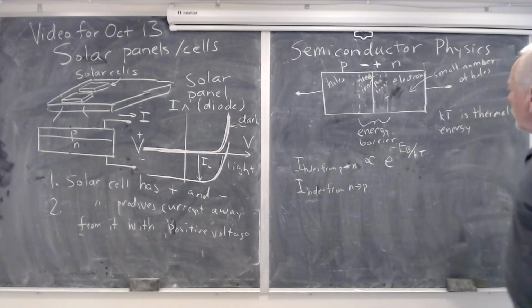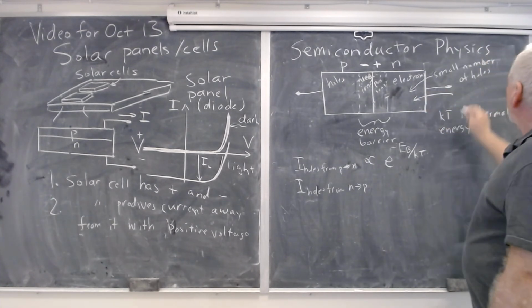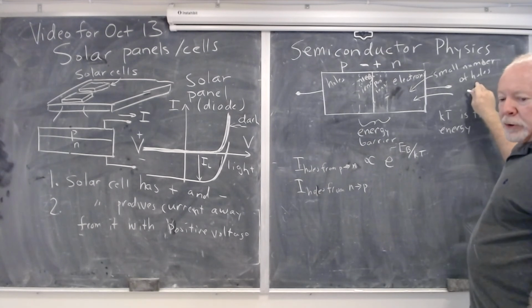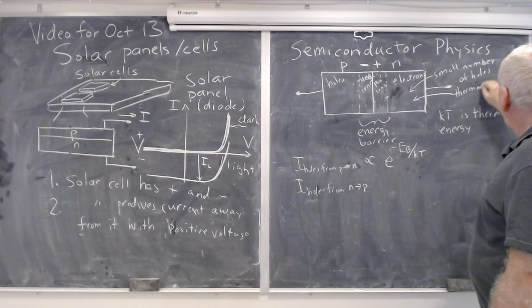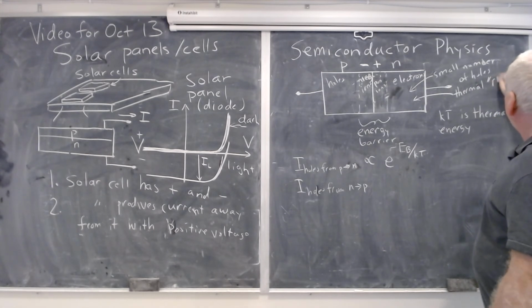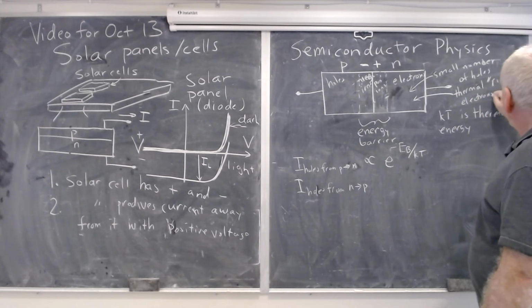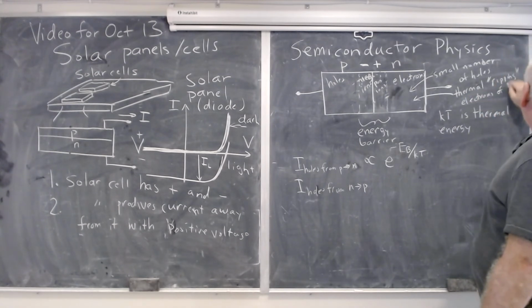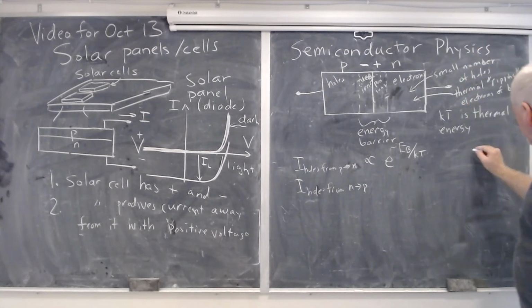Now, what is that proportional to? Well, where they come from is from thermal energy ripping electrons off bonds. Remember the picture I showed?